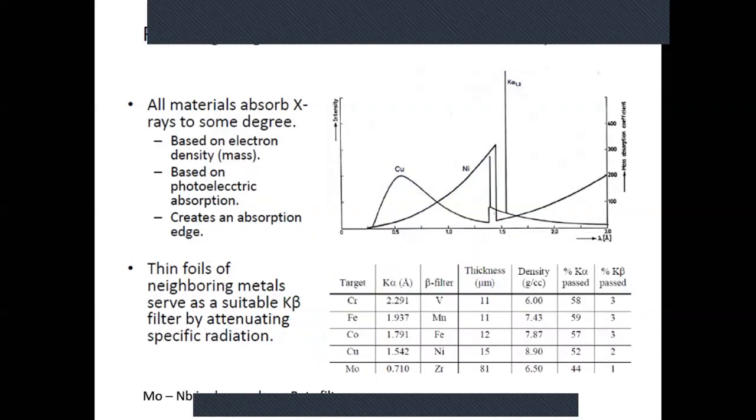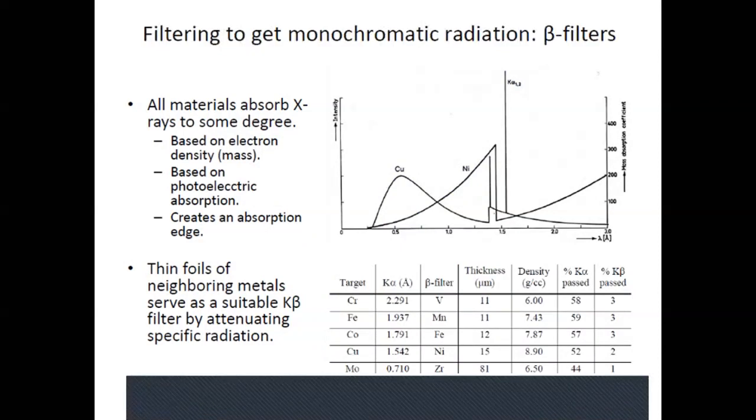So we have to use some type of filtering to remove the stuff that we don't want. And so we need to use what's called beta filters to filter out the K beta radiation, so that we only get one type of wavelength photon that passes through.